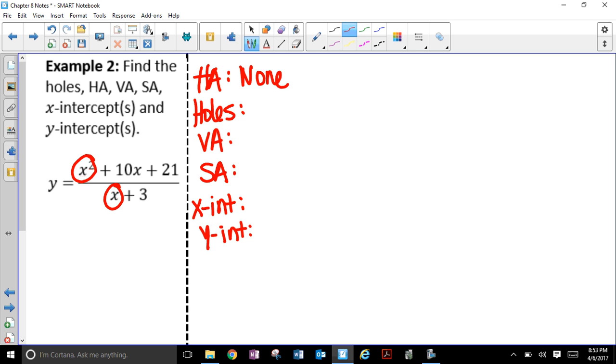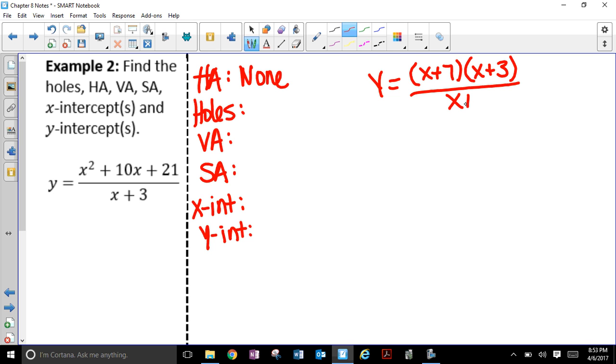Okay? All right. Now, let's do the holes. And remember, that means we have to factor everything. So we'd get 7 and 3 for this one, all over x plus 3.